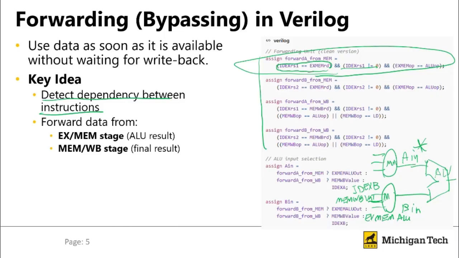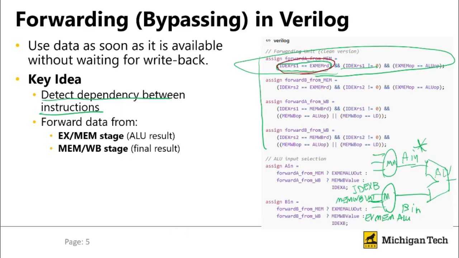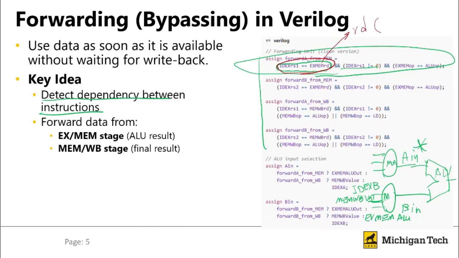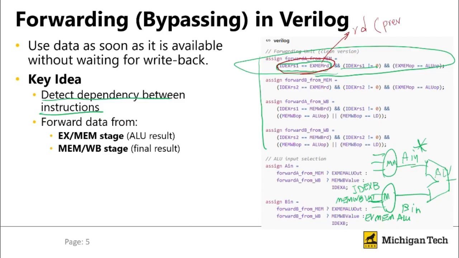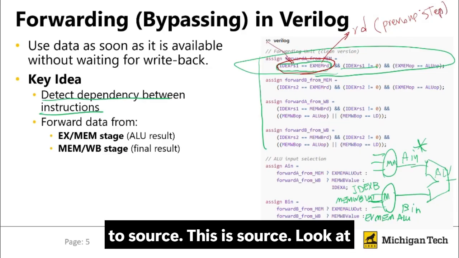This part is saying the register destination from the previous stage is equal to the source.